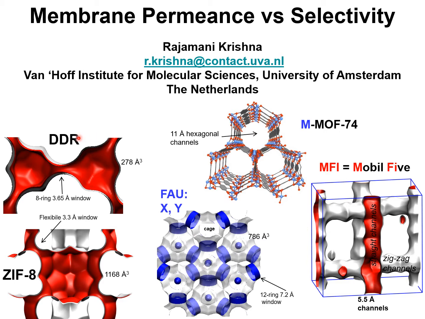let us look at DDR, that consists of cages of 278 cubic angstrom separated by 8-ring windows whose aperture is about 3.65 angstrom.